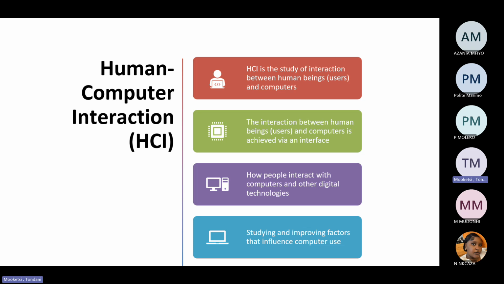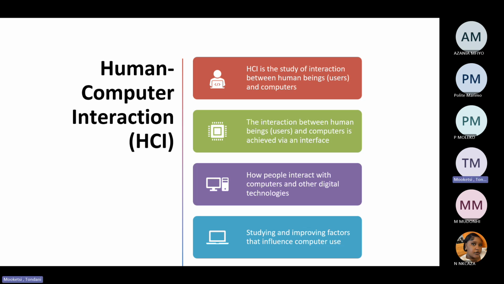So just to recap what human-computer interaction is. HCI is the study of interaction between human beings or users and computers.